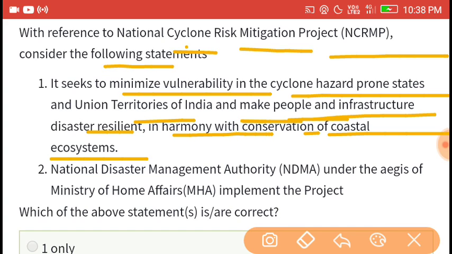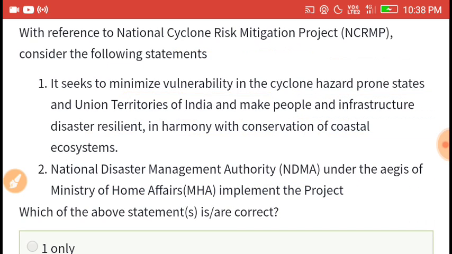And second, the National Disaster Management Authority under the aegis of the Ministry of Home Affairs implements the project.